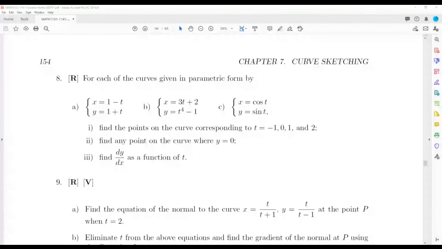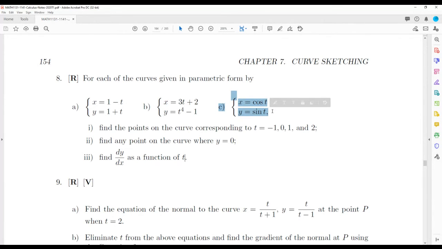So here it is, and I thought we could do 8 part C. So for each curve given in parametric form, find the points on the curve corresponding to these values, find any point on the curve where y is 0, and hence find dy dx as a function of t.